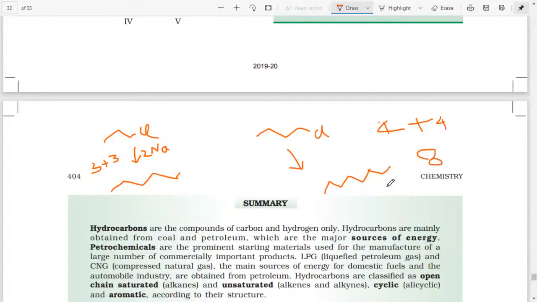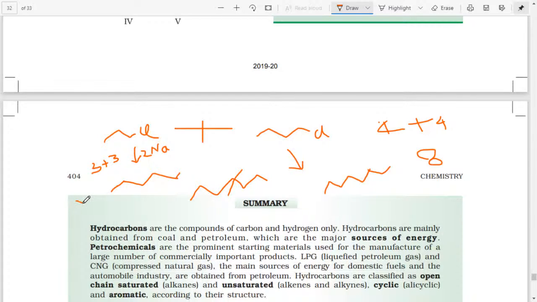So even number chain. However, if I want to make an odd number chain, if I want to make this 1 2 3 4 5 6 7, what do I have to take? I have to take propyl chloride and butyl chloride. However, if I mix these two starting compounds, what are going to be the major products?